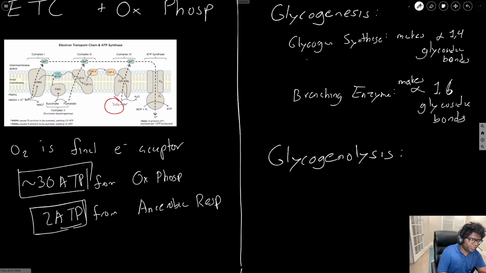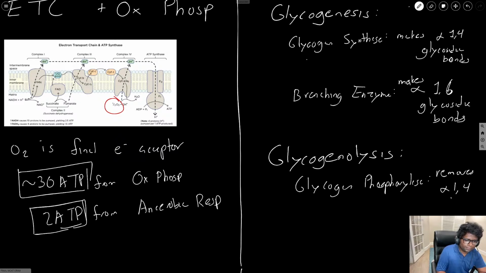And then glycogenolysis, it's basically the opposite of glycogenesis. Glycogen phosphorylase removes your alpha 1,4 bonds.